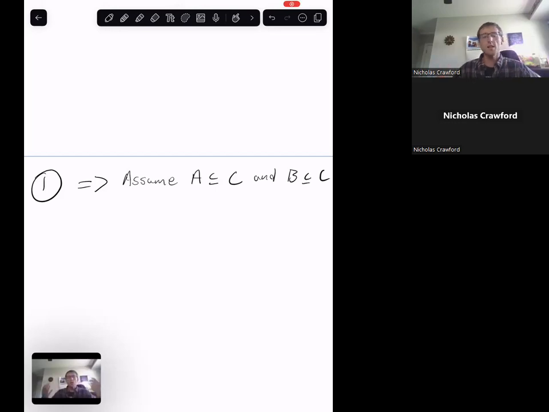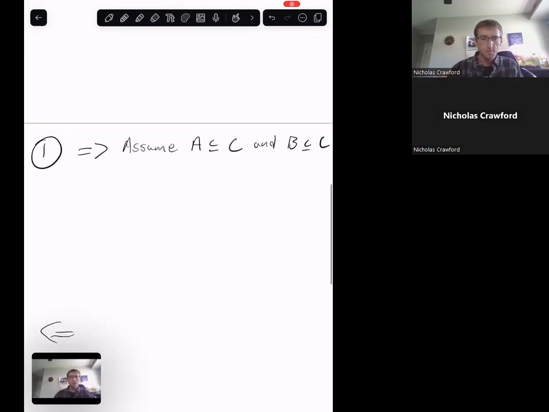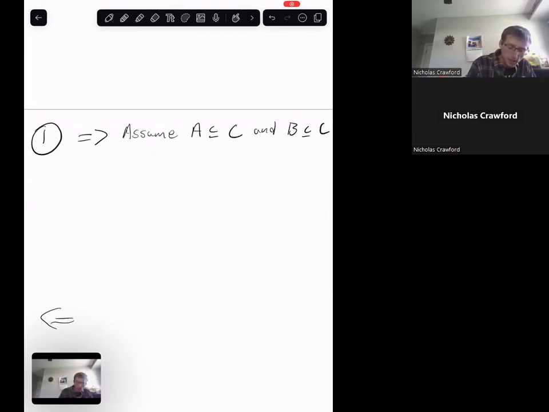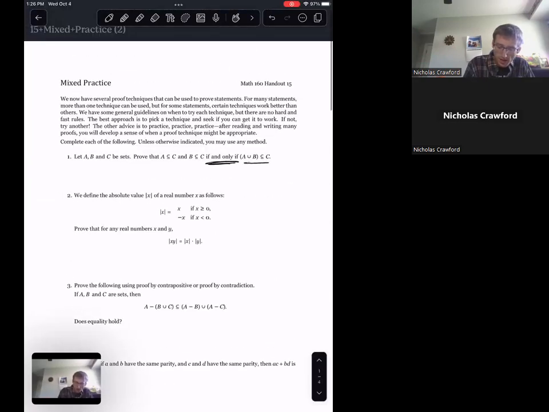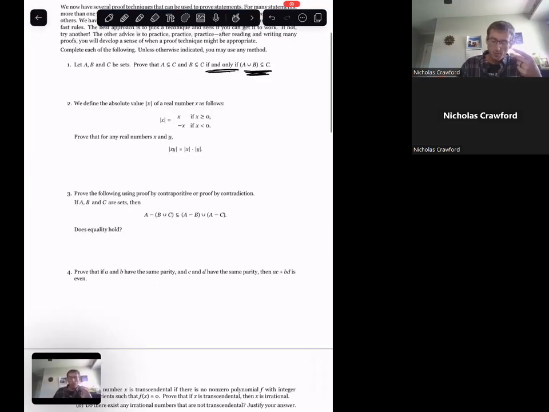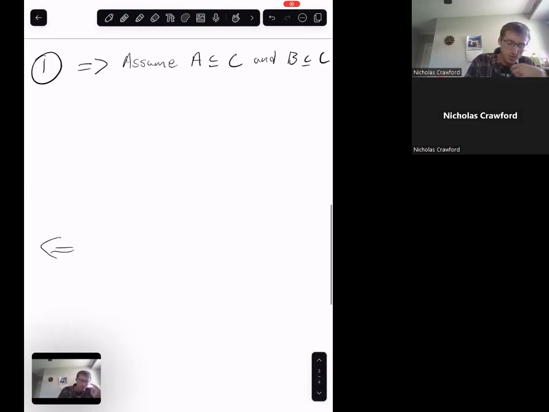I have these 3 sets, A, B, and C. I want to assume this if part, and show that only if part. I want to show that A union B is a subset of C. There's only one way we know how to prove subsets, so I'm going to let X be in A union B.